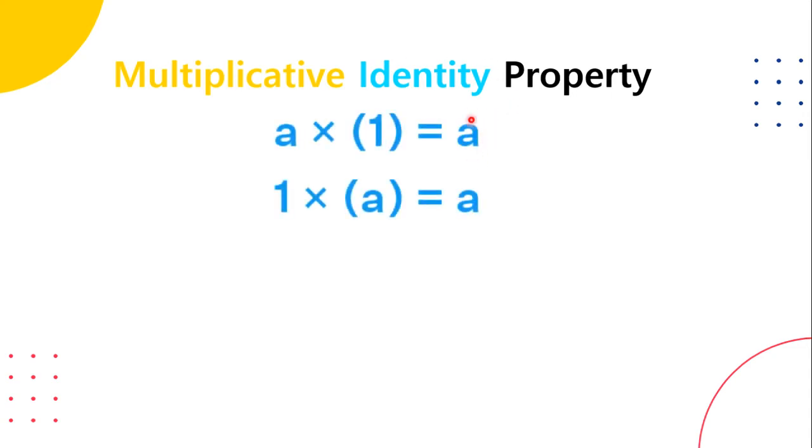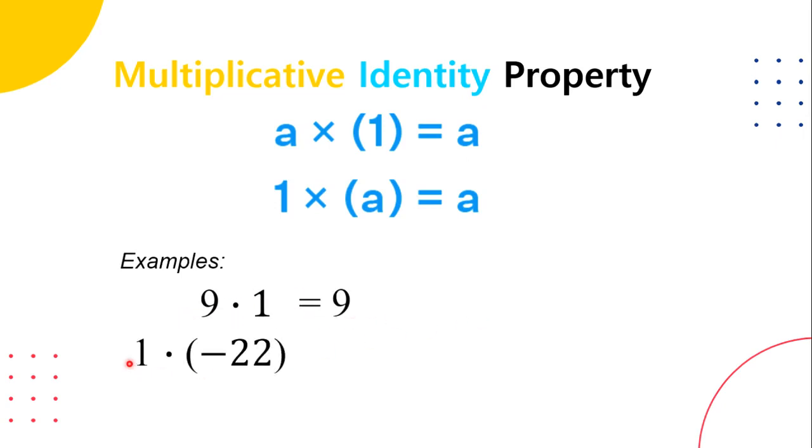However, here the identity element is not 0, but rather it should be 1. So, meaning to say, any number multiplied by 1 is the number itself. Examples: 9 times 1 is 9. 1 times negative 22 is still negative 22.